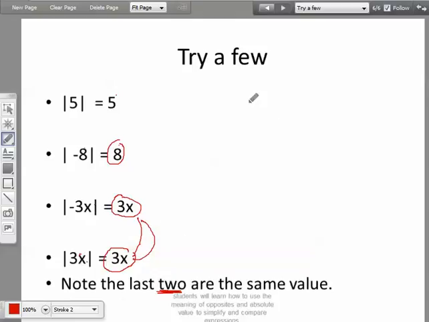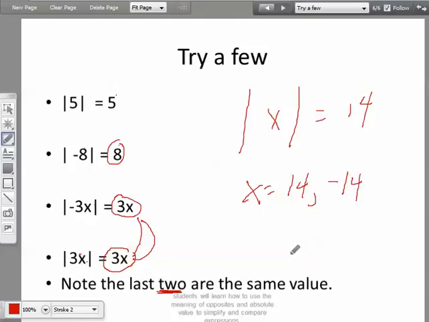So, if I said the absolute value of x is 14, what's my value of x? Well, x is either 14 or -14. Either one of those will work. Okay? So you could say this or -14. This is what you're going to be looking at a lot of times.